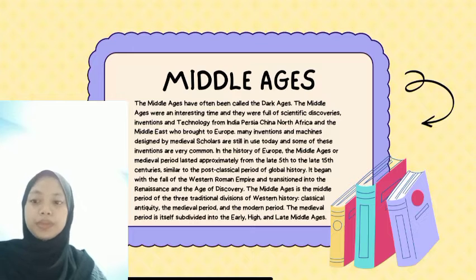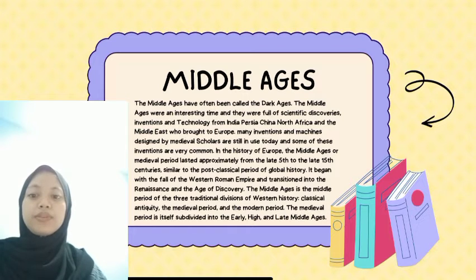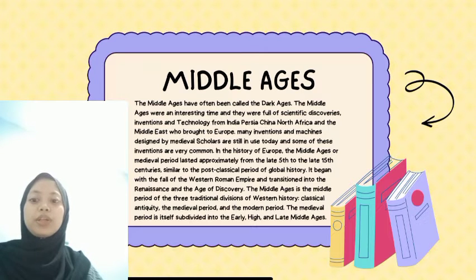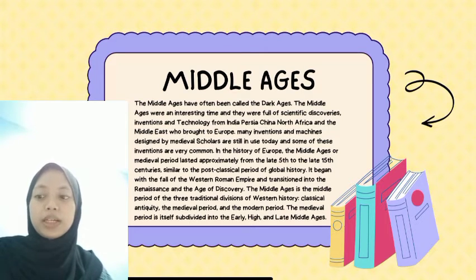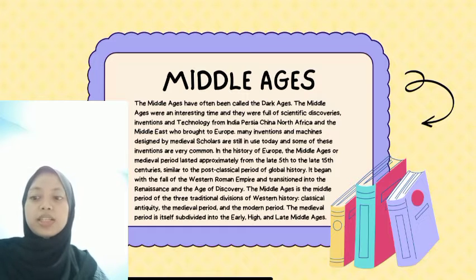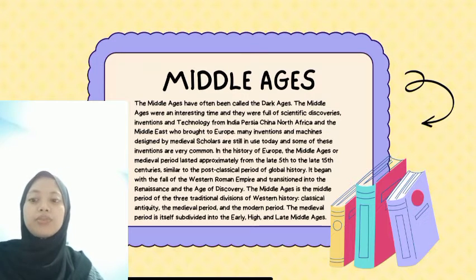In the history of Europe, the Middle Ages or medieval period lasts approximately from the late 5th to the late 15th centuries. Similar to the post-classical period of global history, it began Renaissance and the Age of Discovery.